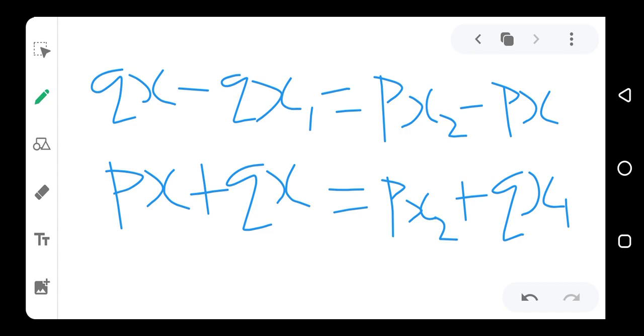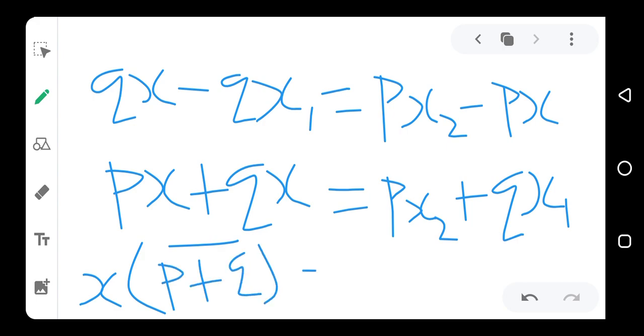Now this means that we can factor out x from this one. So we have x bracket p plus q is equal to, there's no factor here, so we have it as px2 plus qx1.